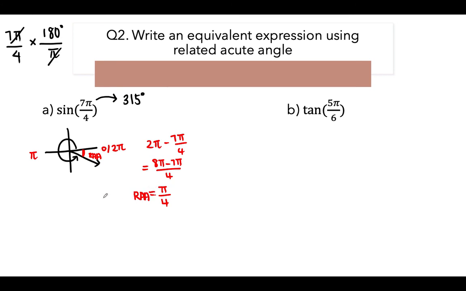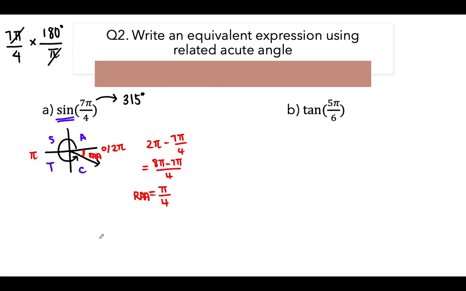Okay. Now, the second thing that you have to remember is the CAST rule. Using the CAST rule, so I'm going to write CAST. Now, my terminal arm is located under C. Only cosine can be positive, but I'm given sine.